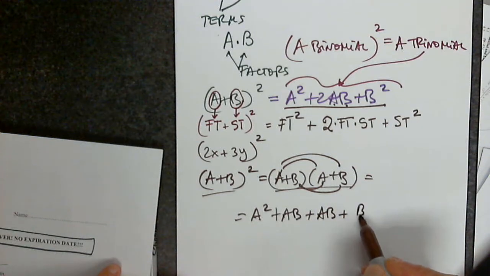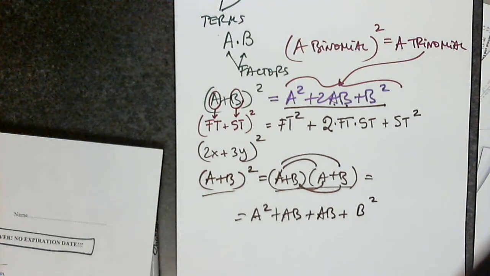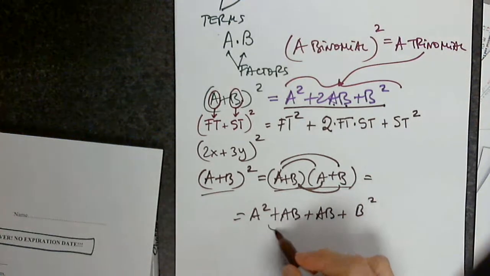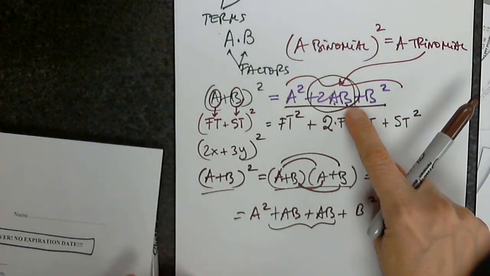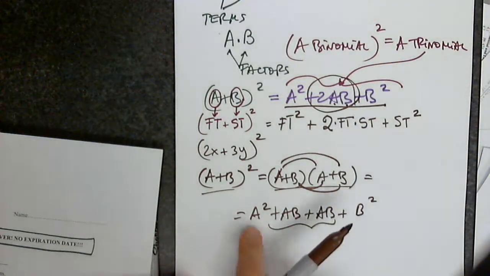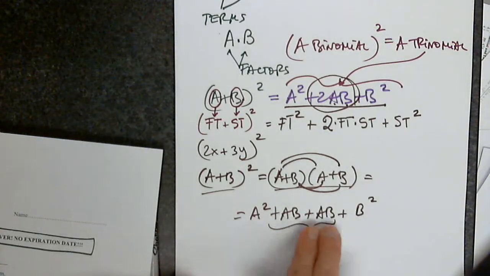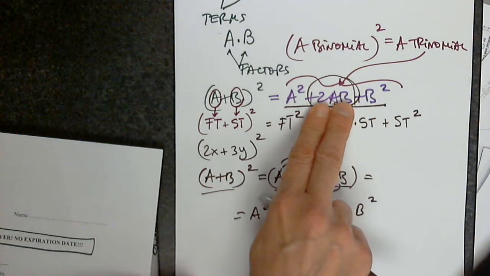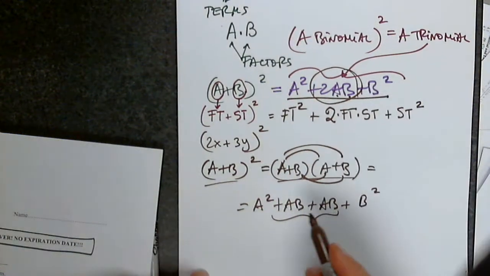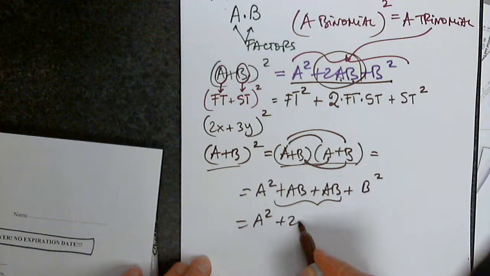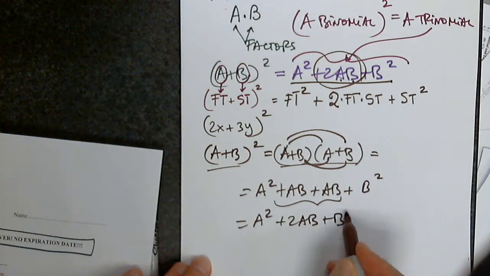And plus b squared. Would you agree so far? Do we remember this? Yes? Good. So obviously, these are two terms. That's how we get this. So we copy a squared. These two are combined because they are terms. I'm combining them to 2ab and then plus b squared. So finally, it's a squared plus 2ab plus b squared.